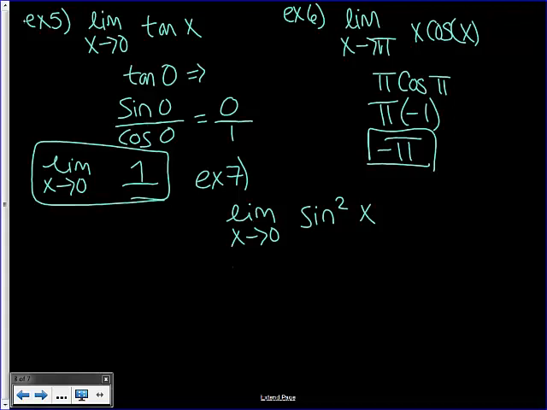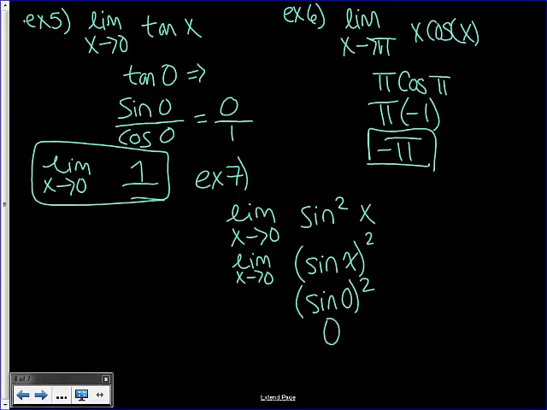So let's do the limit as x approaches 0 of sine x squared. Okay, now let's plug in 0. Sine of 0 squared. Well, sine of 0 is just 0. 0 squared is 0. So 0 literally is my answer. Okay, that is how you evaluate limits using direct substitution.